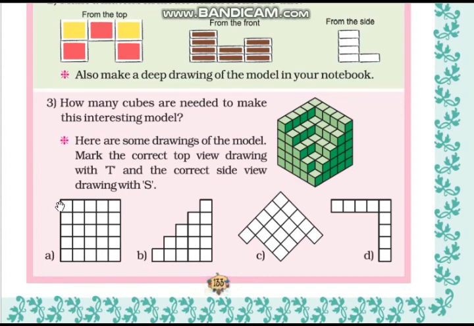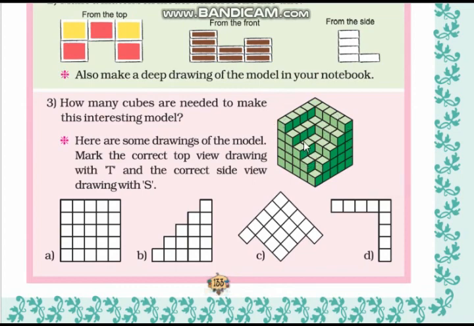Now proceeding further. Here the question is, here are some drawings of the model. Mark the correct top view drawing with T and the correct side view drawing with S. So here we have to find the top view and side view of this model. Top view, we can see here this and this, means we can see this part fully, here, here and here.